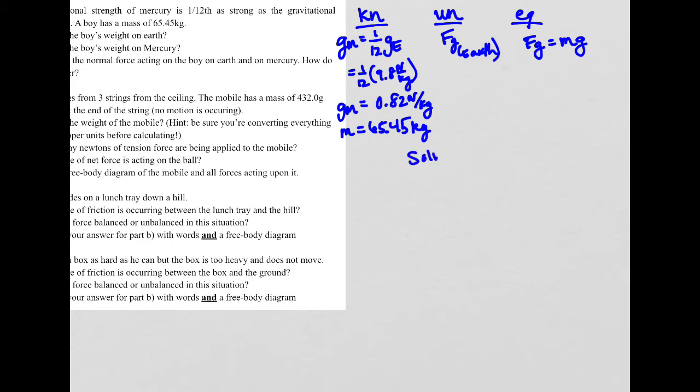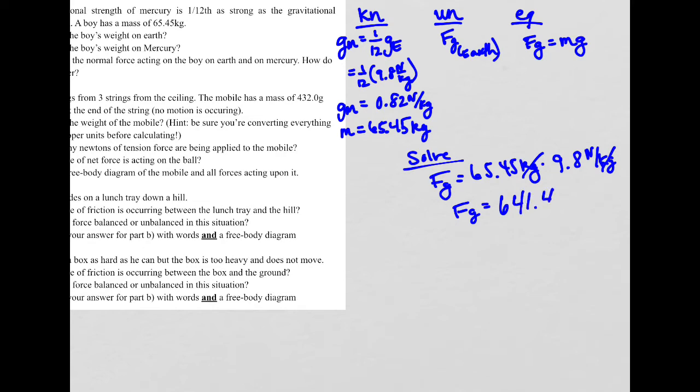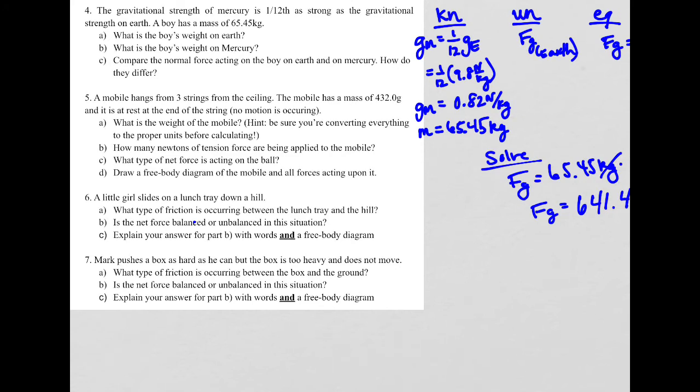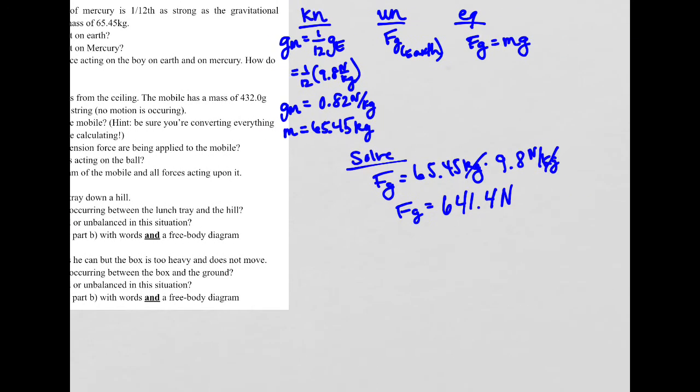We can just solve, and we get Fg equals his mass, 65.45 kilograms, times, since we're on Earth, 9.8 newtons per kilogram. Kilograms cancel, and we get that his weight on Earth is, with 4 significant figures, 641.4 newtons.